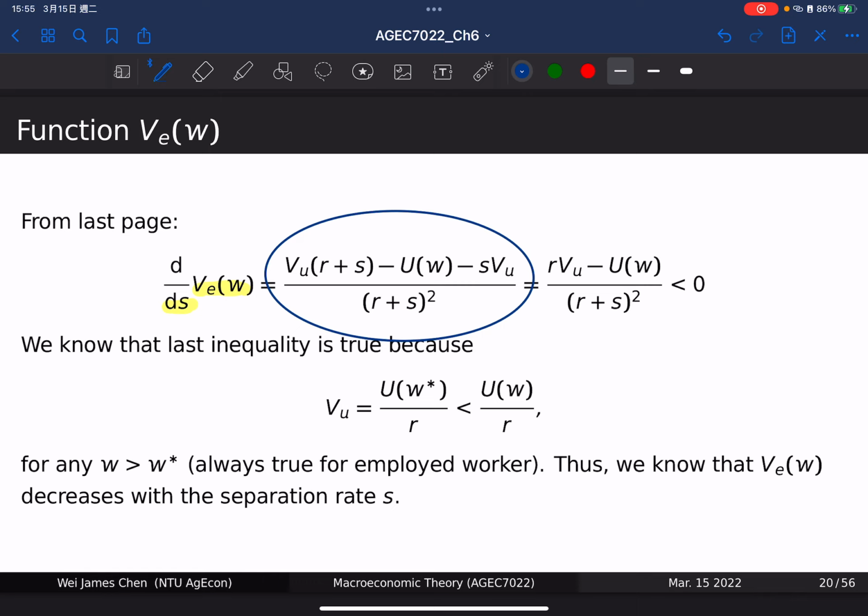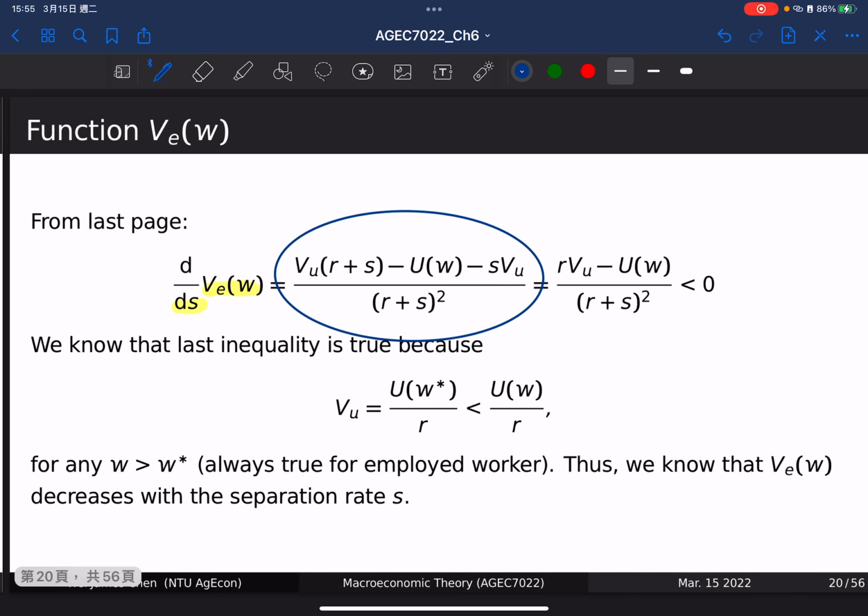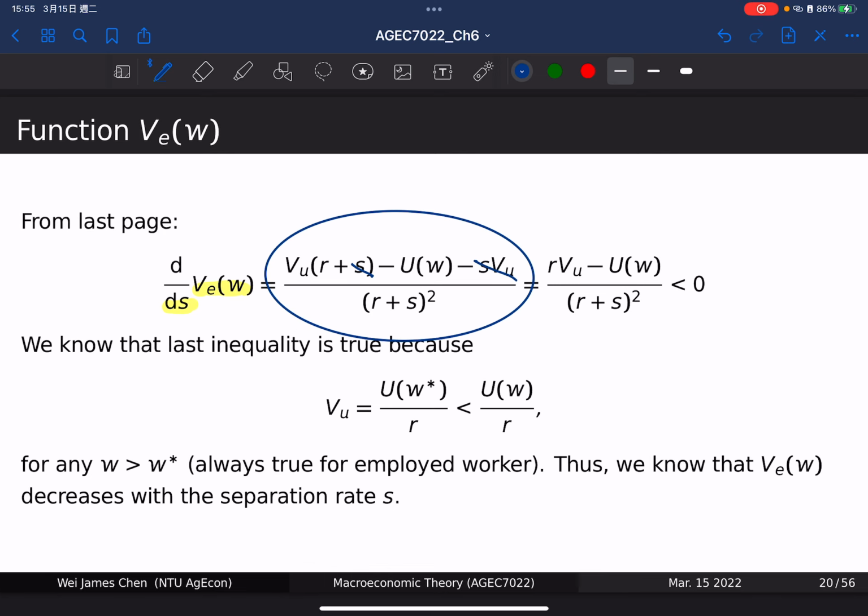And you rearrange it, you will see that the S VU is crossed out. So you actually have R VU minus U of W. And I can show you that this is actually less than 0. Why?